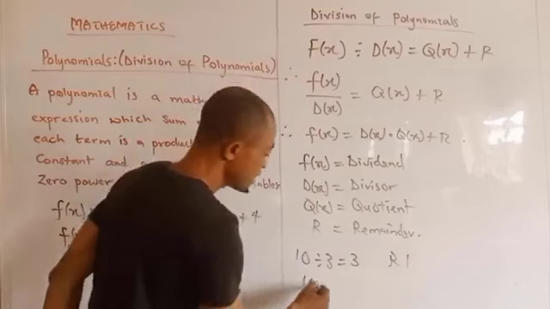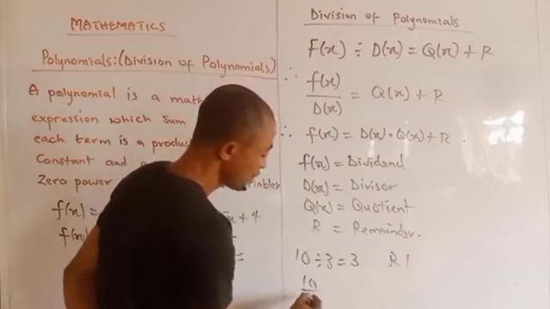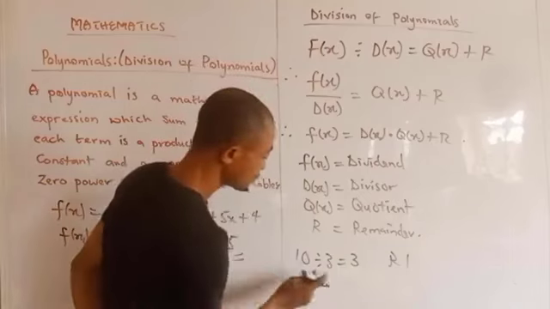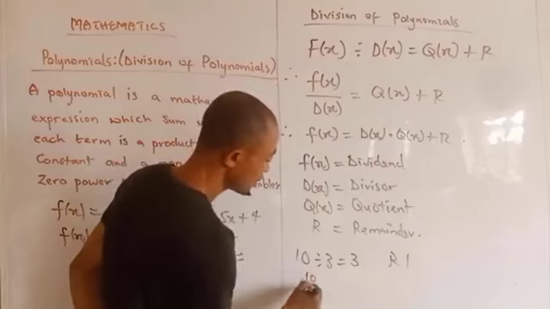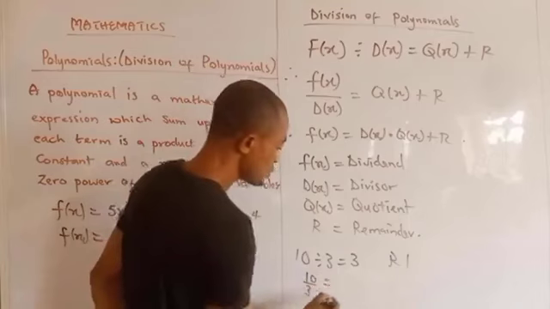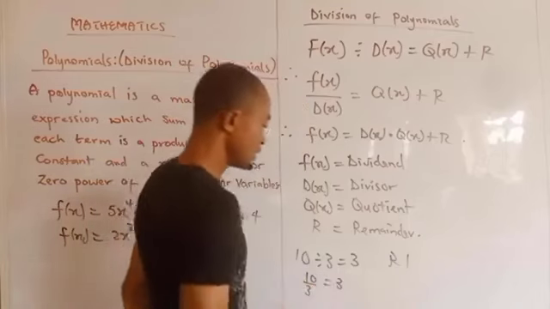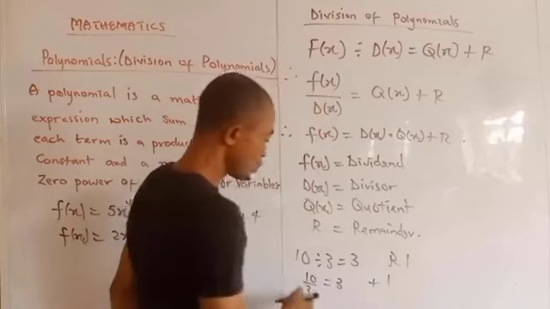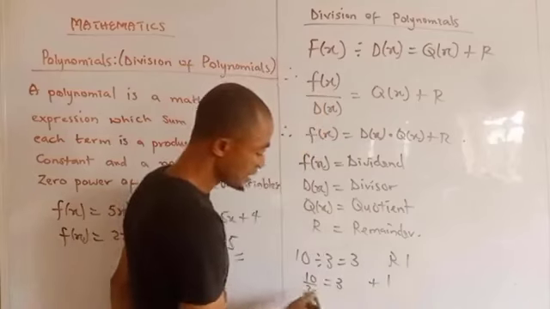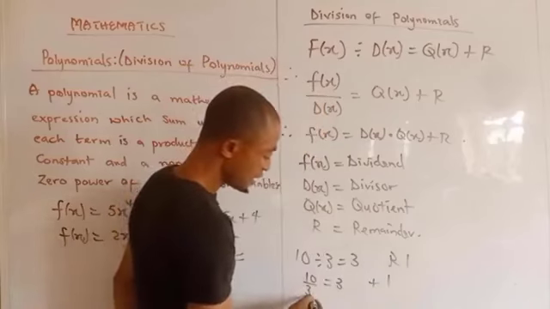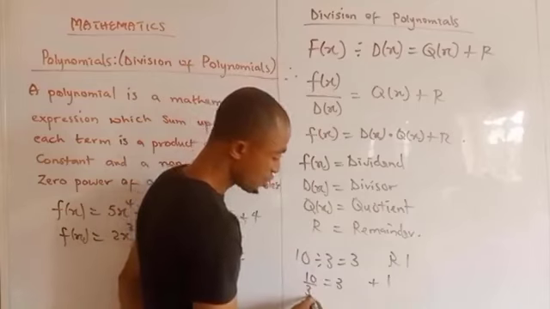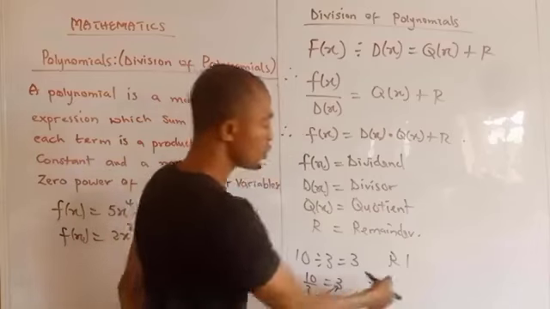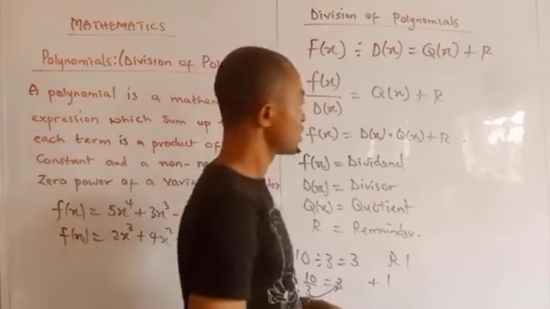That is 10 over 3 is equal to 3, then your remainder 1. So that means that if I want to get this 10, I will have to multiply this 3, which is the divisor, by the 3 that I have here, which is the quotient, then plus 1. That will give me 10.